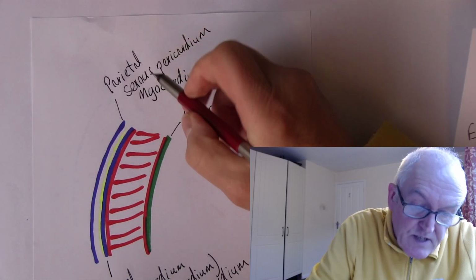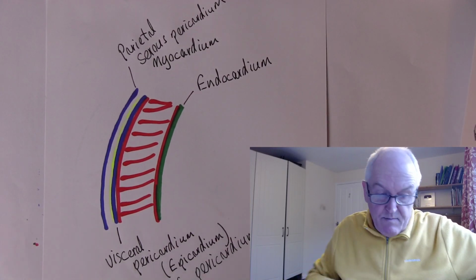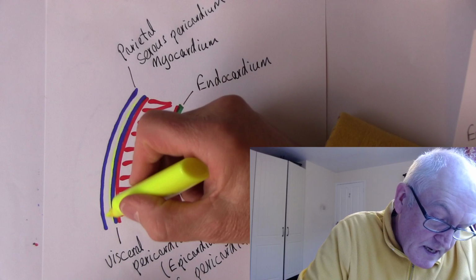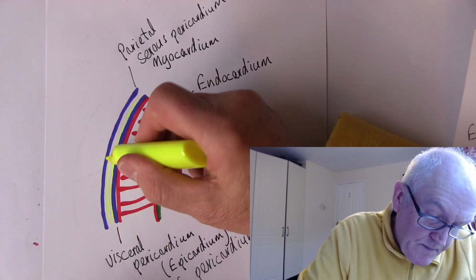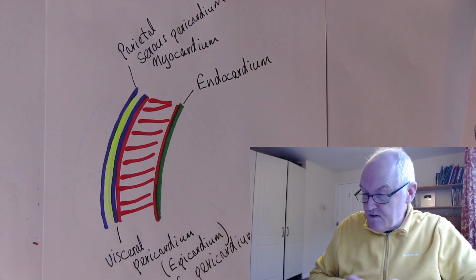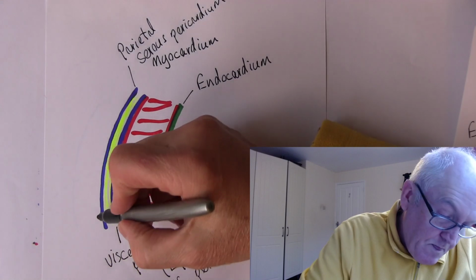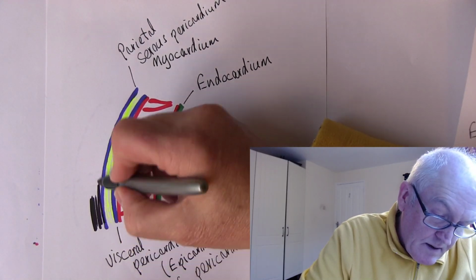It's serous because, again, it's in contact with this serous fluid. So we could just make that layer a bit thicker just to illustrate it. The serous layer between the two. But on the outside, we have a nice thick layer here of pericardium.